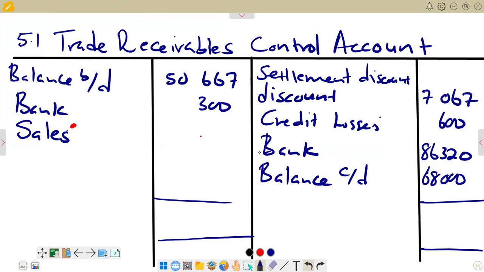So obviously it means the credit is going to be greater than the debit. So the total of the credit, if you add there, 7,067 plus 600 plus 86,320 plus 68,000, we're going to get 161,987.